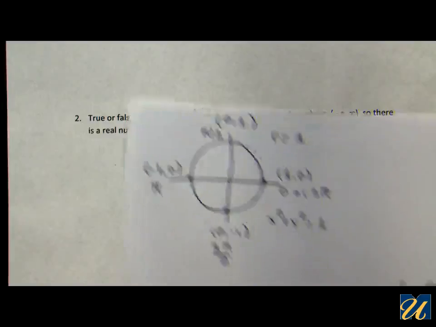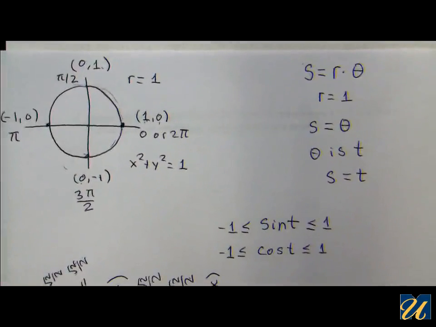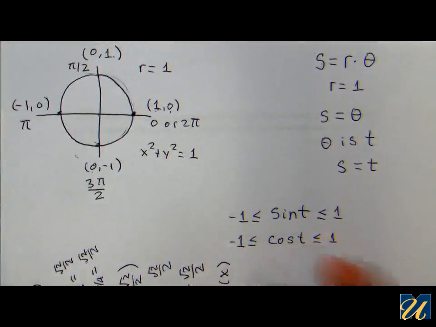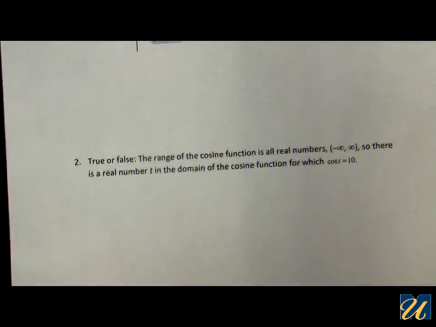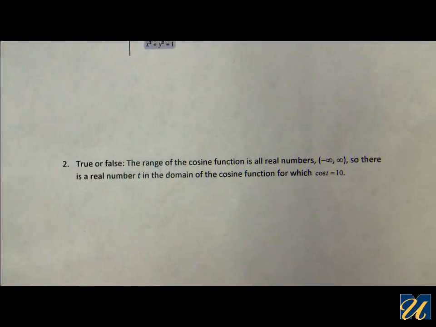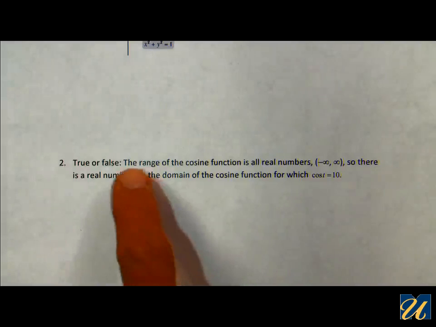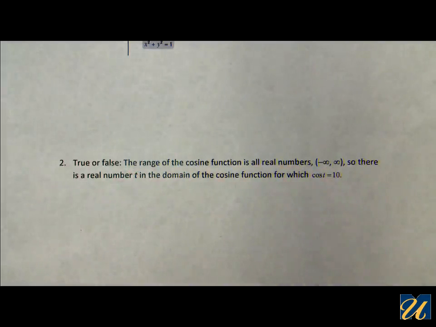So cosine's bounded between plus and minus 1. So this statement here is not true. Cosine t can never be equal to 10. It's bounded between plus and minus 1. And the range of the cosine function is negative 1 to plus 1.